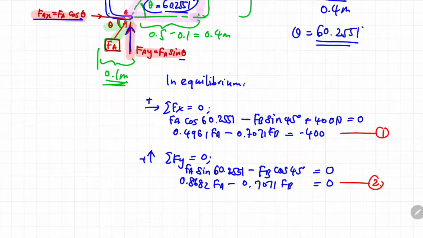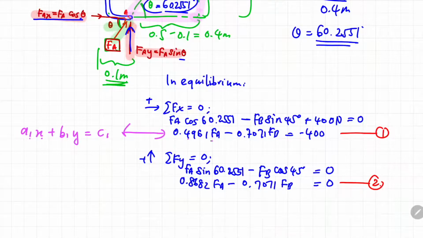Okay, now if you want to use your calculator to solve for simultaneous equation, you have to make sure your equation is in the form of this. A1x plus B1y equivalent to C1. Okay, so in this case, kalau kita nak tengok tally ke tak dengan equation 1 ni, your A1 would be 0.4961. The x is the unknown, the first unknown.